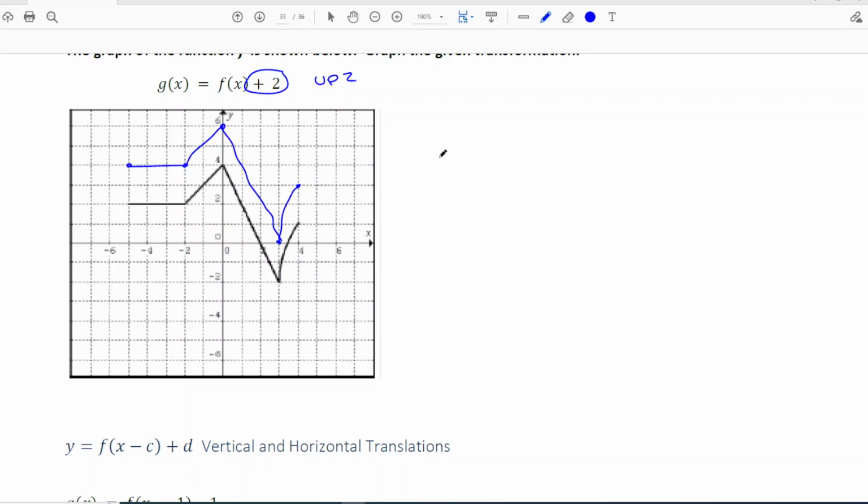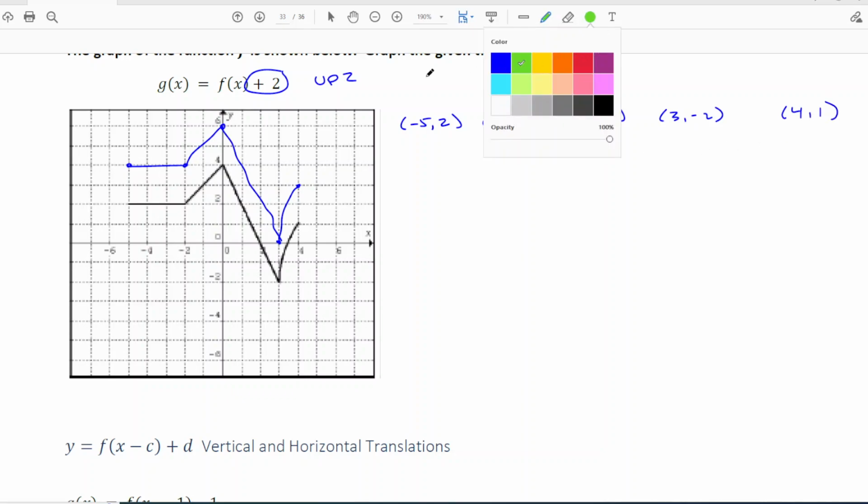So we have a key point at negative 5, 2. We have a key point at negative 2, 2. We have a key point at 0, 4, and 3, negative 2. Sometimes I'll take a point in the middle, just to keep myself straight. And then lastly at 4, 1. And to all of these, we are going to add 2 to their y value.